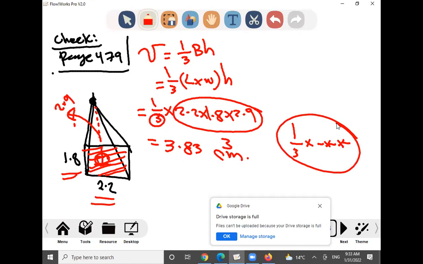What did we do with this 3? We multiply up, then divide. How do you find half of a number? You take the number and divide by 2. Sure. Here we find the third of the number. So we divide by 3. Done?